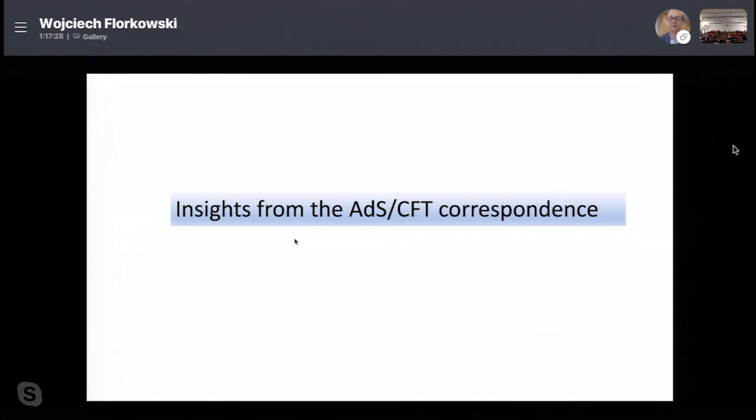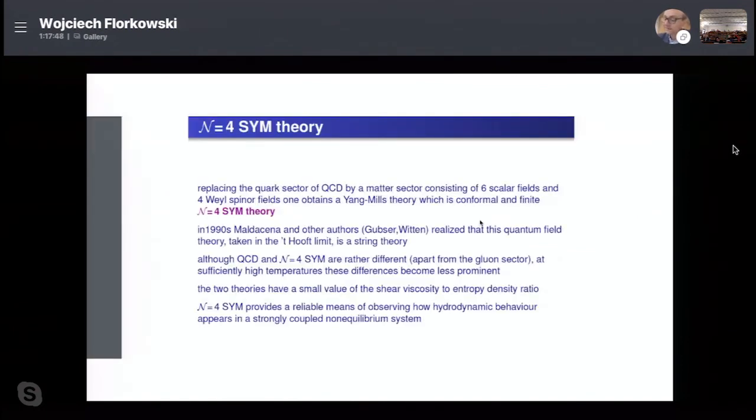But another input, which I think is even more important and suggestive, and also more attractive from the theoretical point of view, is the insights from the AdS/CFT correspondence. It was realized, and this is probably one of the most famous results in theoretical physics of the last 20 or 30 years, that there is a correspondence between a strongly coupled conformal field theory and string theory.